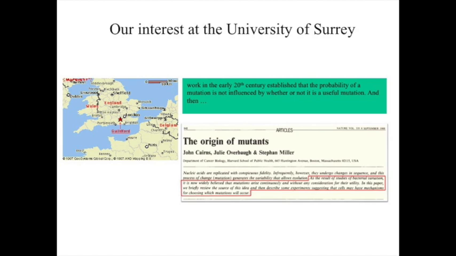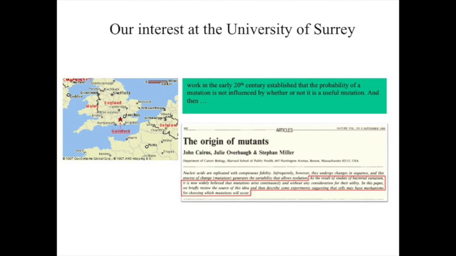The experiment he did was quite simple. He took E. coli cells that he'd grown and put them on two plates. One which had a substrate that they could grow on if they could mutate, and one which didn't have that substrate.